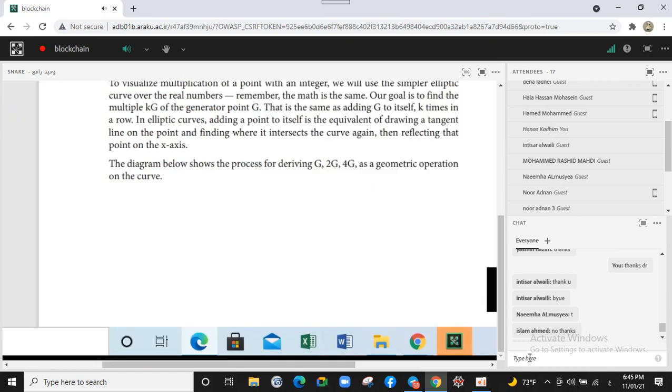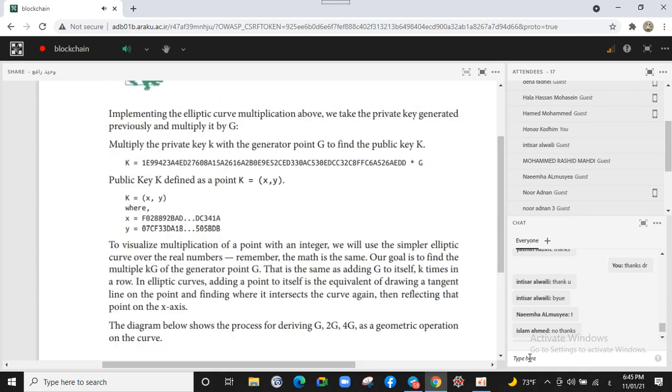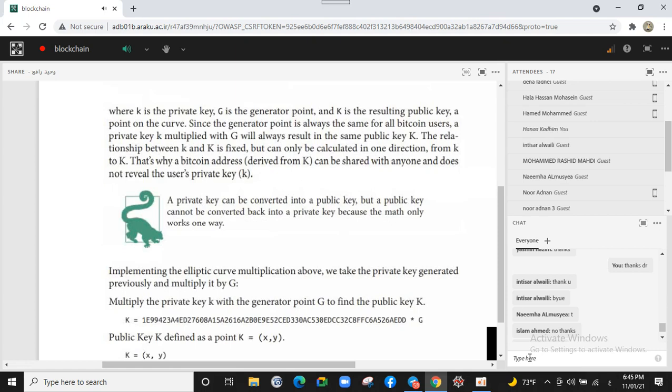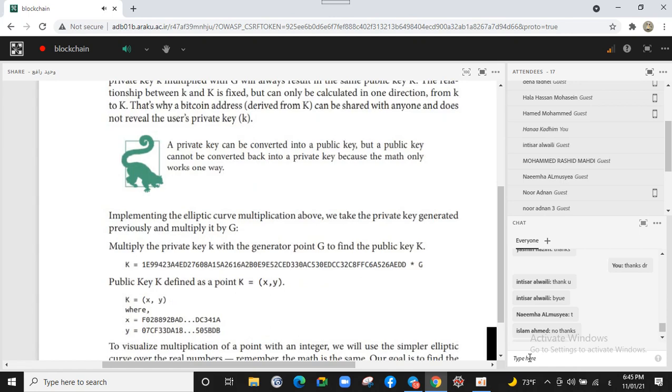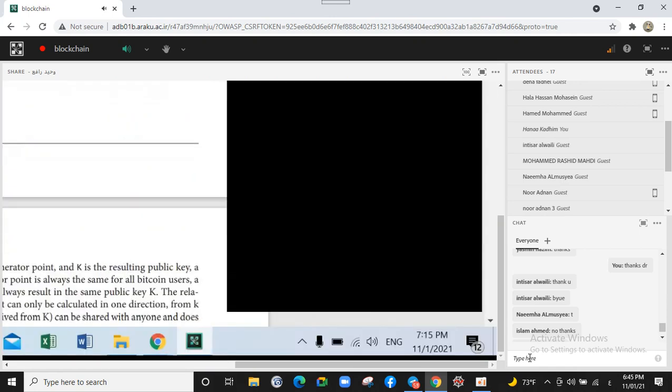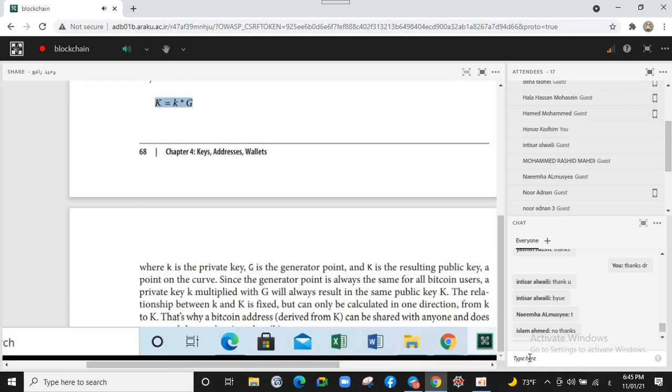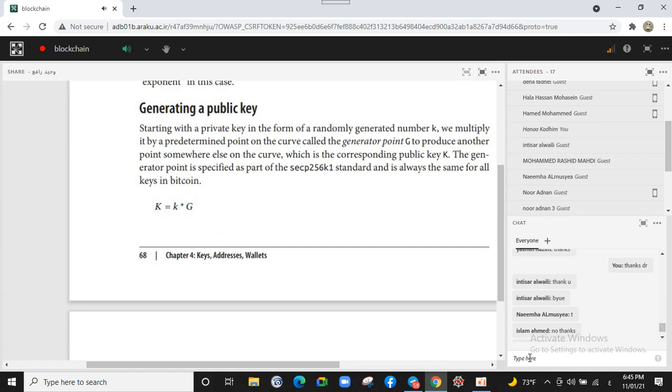But you must understand that in this approach, G is constant, K, which is the private key, is a random large prime number, and using this the public key can be created.